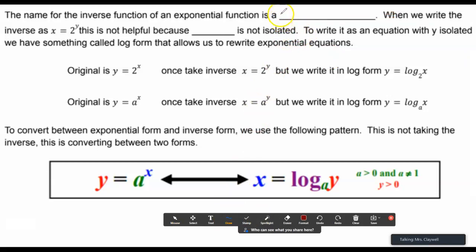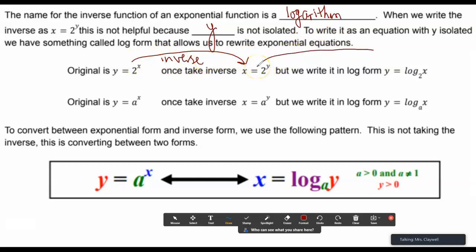So the name of an inverse function of an exponential function is a logarithm. When we write the inverse as x equals 2 to the y, this is not helpful, because y can't be isolated. So we rewrite it. So this becomes this when we take the inverse.